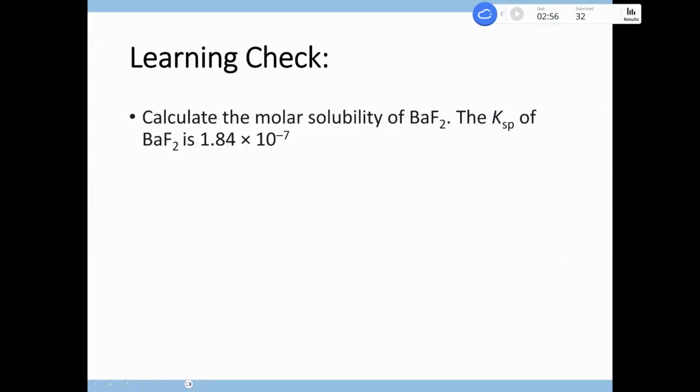So let's go through this question. We are calculating the molar solubility of the solid. Molar solubility describes a solid, but we need to know the concentration of ions to calculate it. We have KSP, which is very similar to the equilibrium calculations we did in the past for an acid where we were given Ka.